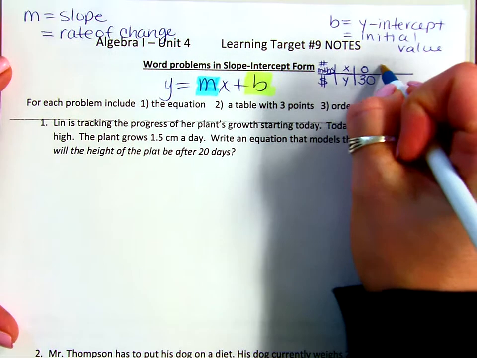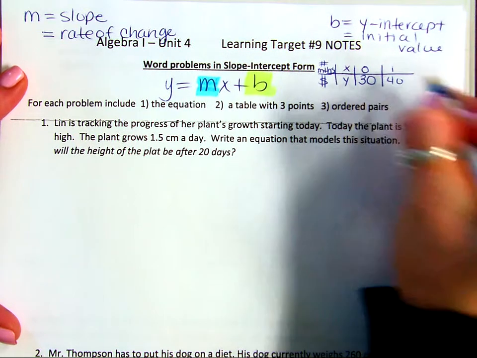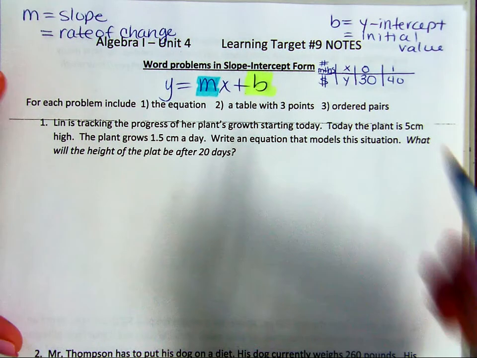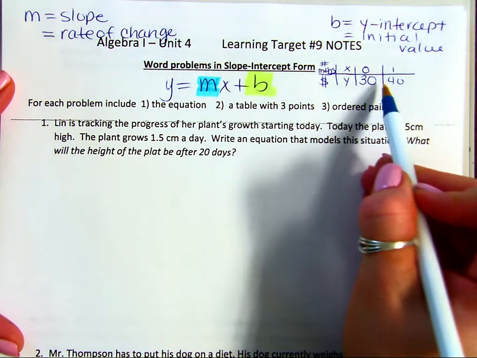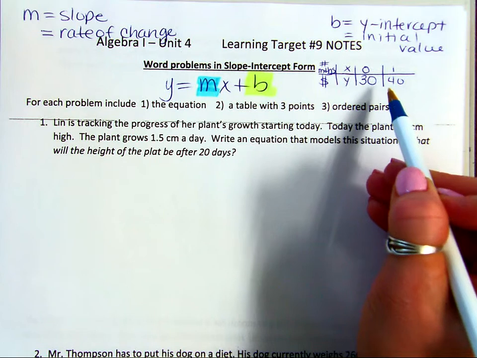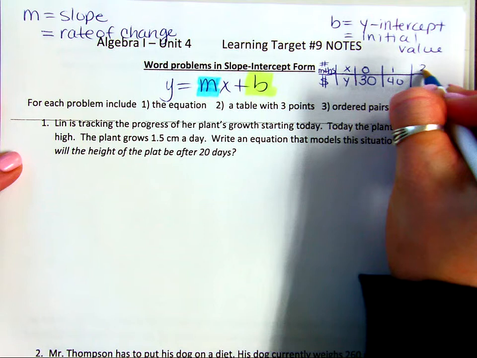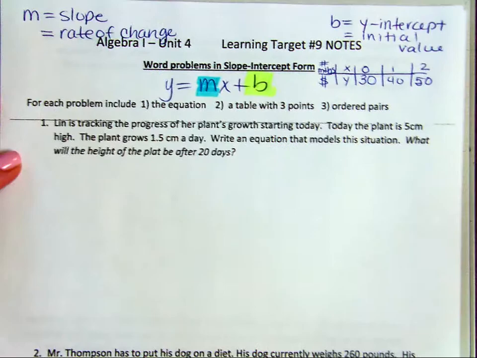But after that first month, I will have paid them how much total? $40. Because of that $40, $30 of it is what it cost me to join, and 10 of it is the monthly fee. Then after month 2, I will have given them a total of $50.